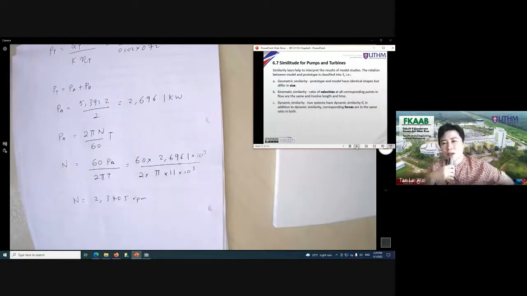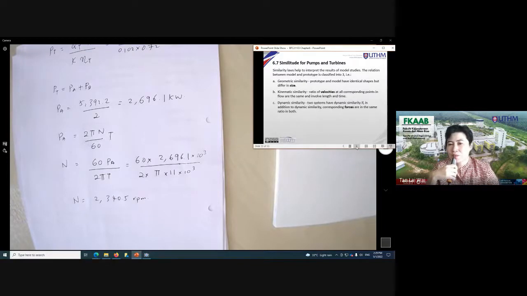If you still remember, when you analyze the similarity for geometric, it only involves length scale. That means you are analyzing diameter, distance, all in length scale, in meter, centimeter, inches. The dimension is L.